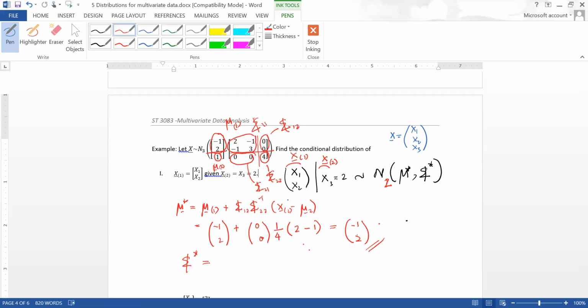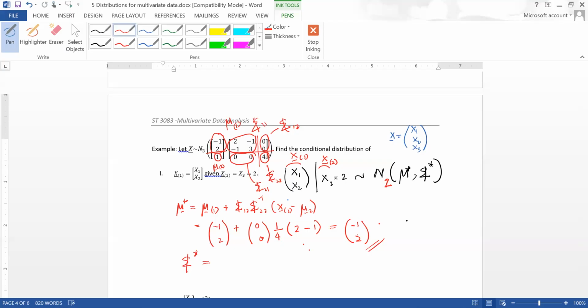All the previous properties also come into play here, because we are going to use these partitions and get the distributions separately. So we want to find the distribution of x1, x2 given x3. So we have to have the x1, x2 distribution, the x3 distribution separately, and the covariance between the two also.